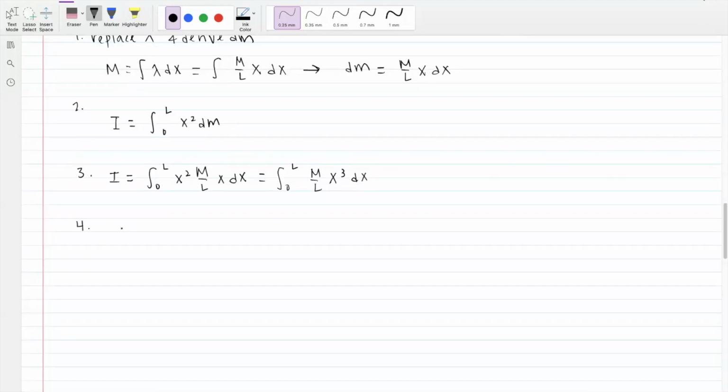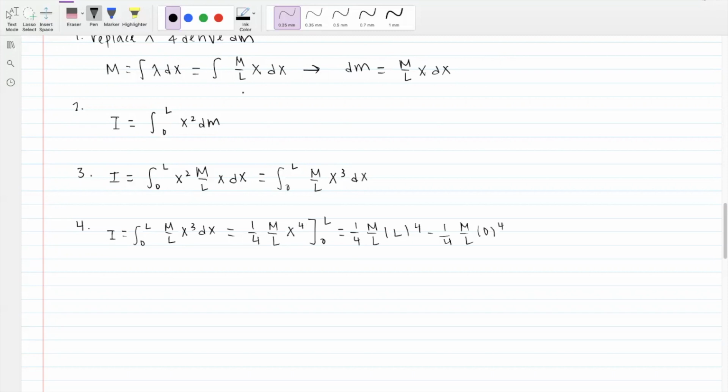And lastly, now we're going to take the integral with respect to the limits. So taking the integral of this will give us 1/4 m over L x to the fourth from 0 to L. So this will give us 1/4 m over L, replacing x with L to the fourth, minus 1/4 m over L, 0 to the fourth.